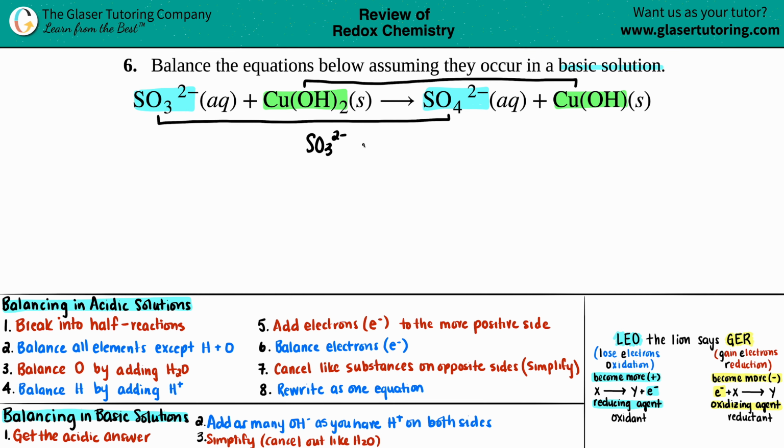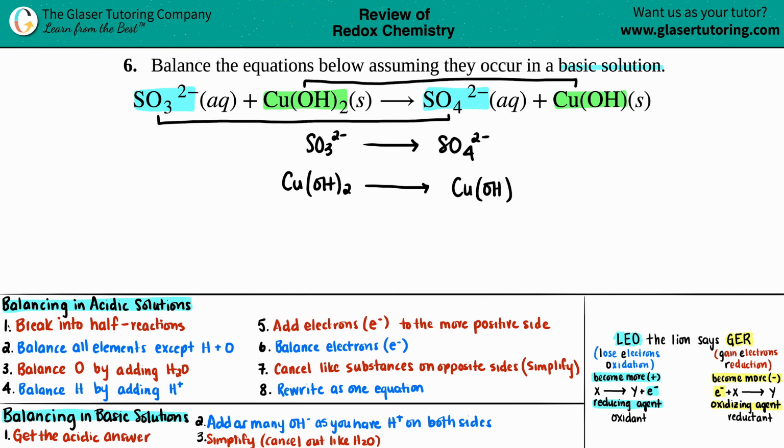So I have SO3 2- which goes with SO4 2-, and then Cu(OH)2 goes with the CuOH. I don't know why they put this in parentheses, but sure.